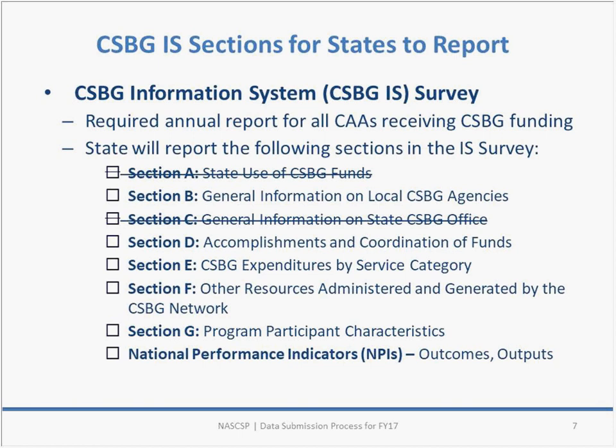In the interim, we have an augmented version of the CSBG annual IS survey. What that means is that state offices do not need to fill out Section A or Section C. CSBG eligible entities will complete Sections D, E, F, G, and the NPIs in the CSBG IS format.